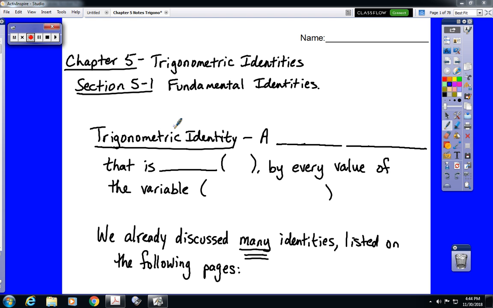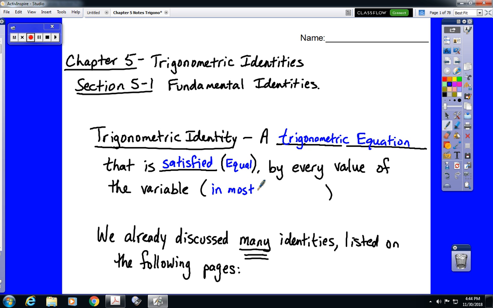So, section 5.1 is entitled Fundamental Identities, and we are talking about this idea of a trigonometric identity. A trigonometric identity is a trigonometric equation that is true, satisfied, equal, for every single value of the variable.